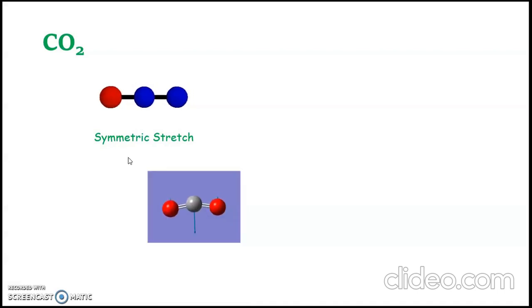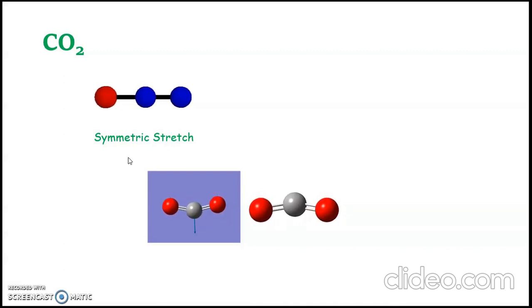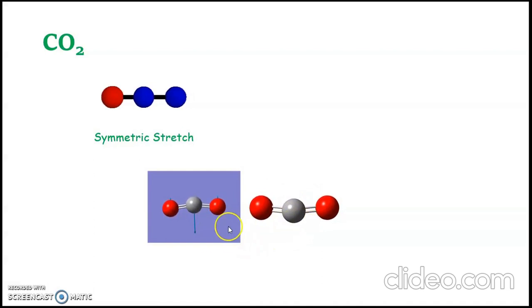The second one is missing as the 2 bending modes are degenerate. You know, one is in the plane and the other is perpendicular to the plane, 2 vibrations. These 2 bending vibrations are related by symmetry.